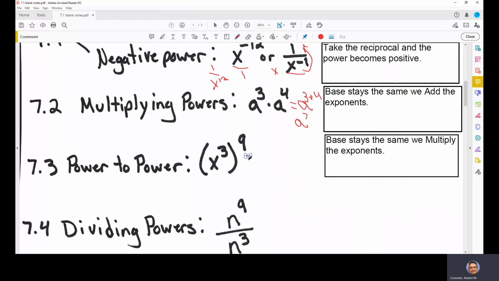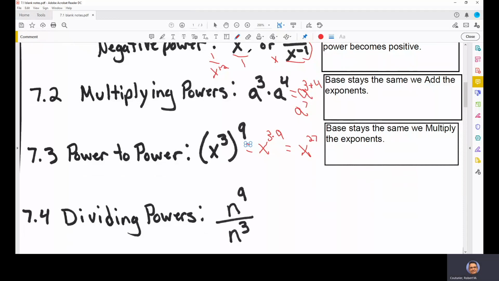Okay, so this would then equal this. X to the 3 times 9 power. This is showing step by step, of course. Not so bad. Again, this is x to the third power, and then that whole thing is being raised to a power. So that is the power to power rule.